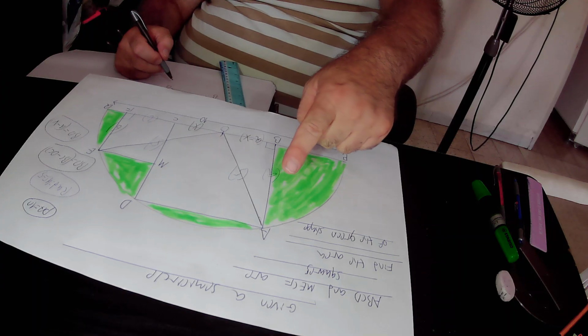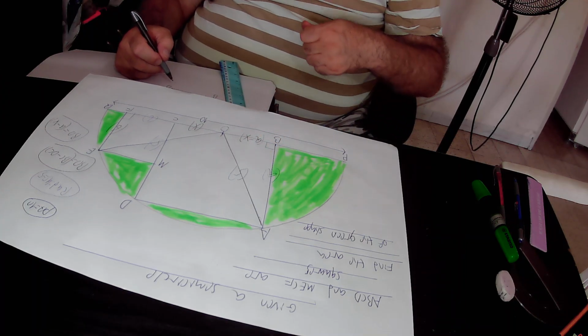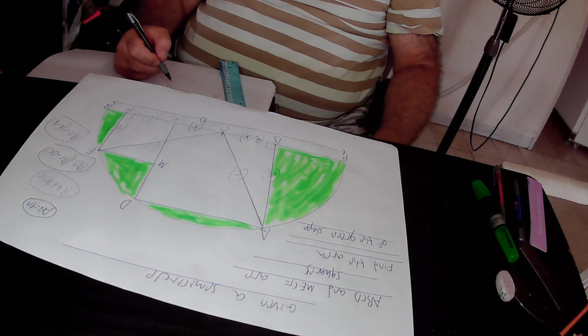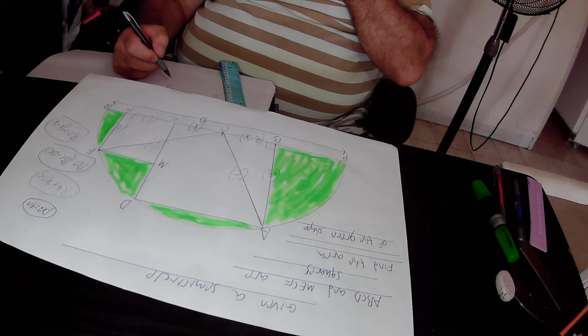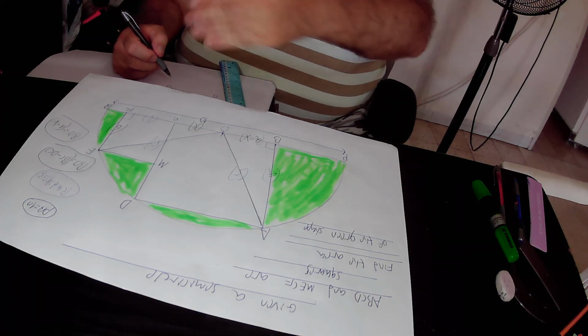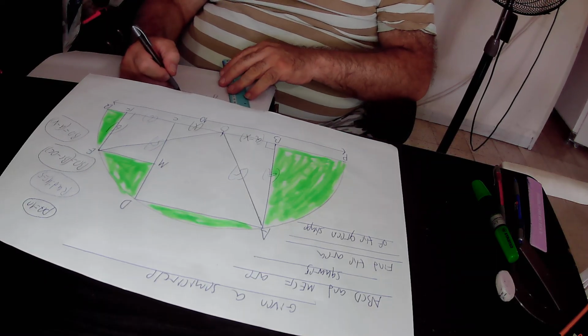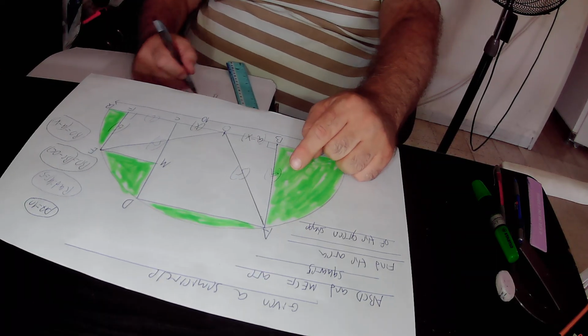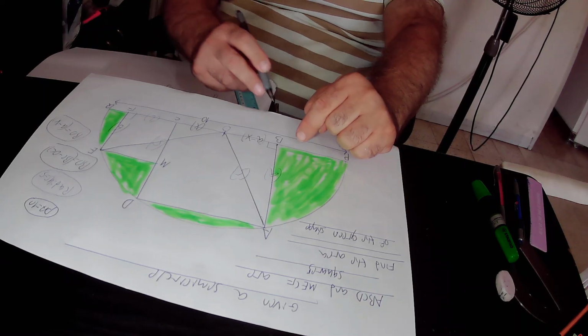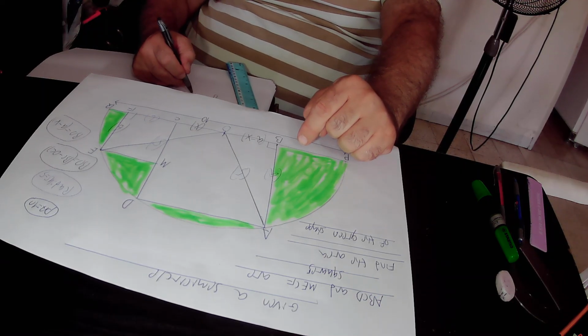The hypotenuse AO of the right triangle AOB is equal to 5 units. It is also the radius of the semicircle. AB equals A and BO equals A minus X.